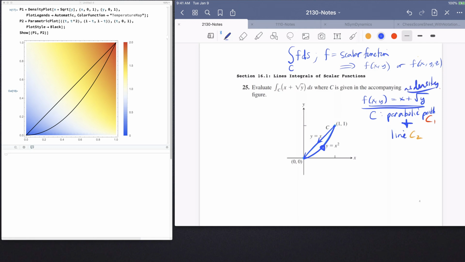If we put in the point 1, 1, then we'll get 1 plus the square root of 1, which is equal to 2. And that number 2 at this point represents the density at that point.